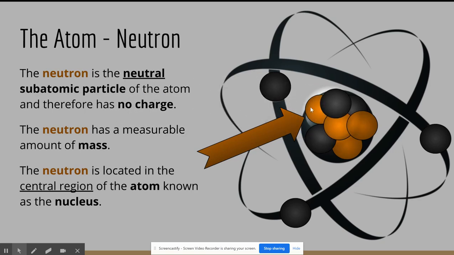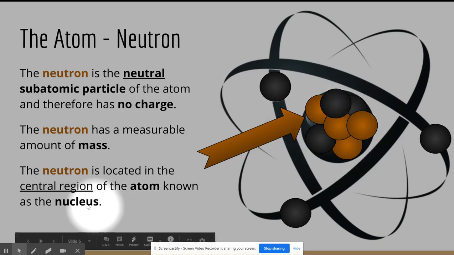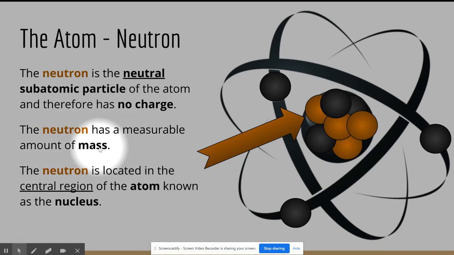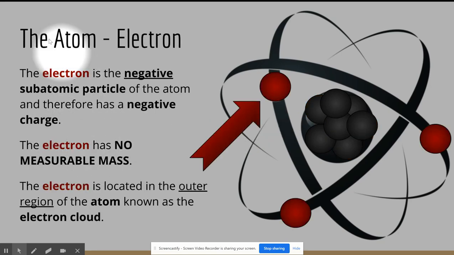They hang out also in this middle area known as the nucleus. The neutrons do have a measurable amount of mass. We can figure out how much one single neutron has as its mass. We can measure that.